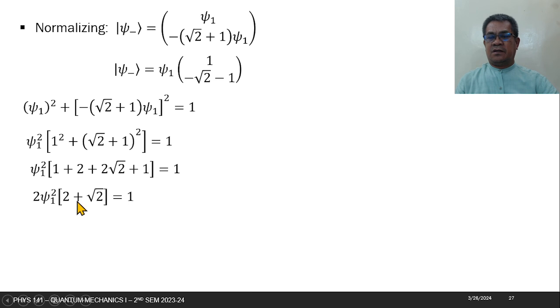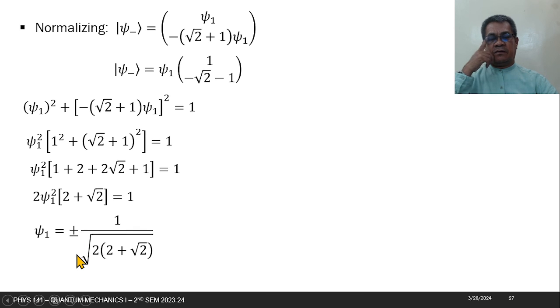Then divide both sides by these expressions, leaving psi 1 squared. So we have that, then take the square root. Taking the square root, of course this is plus or minus, and we have 1 minus square root of 2 over 2 plus square root of 2, then take the square root. So this is our psi 1 normalized.